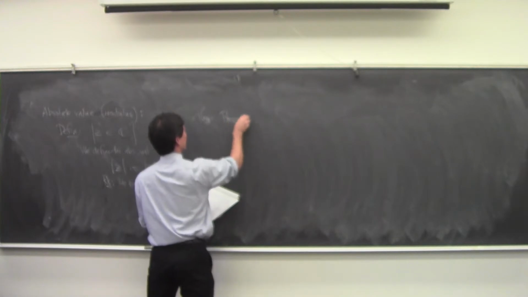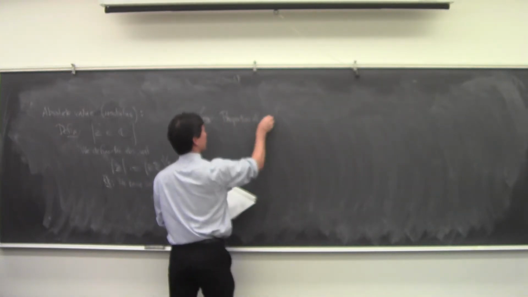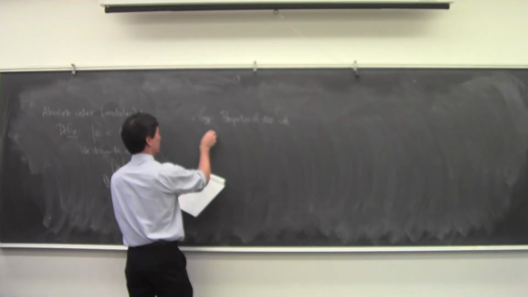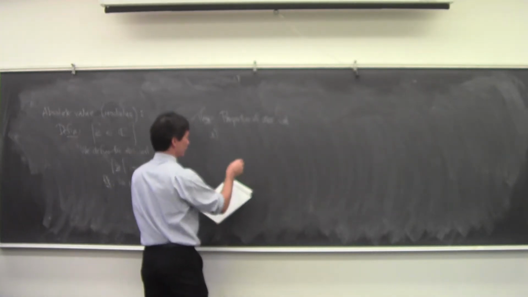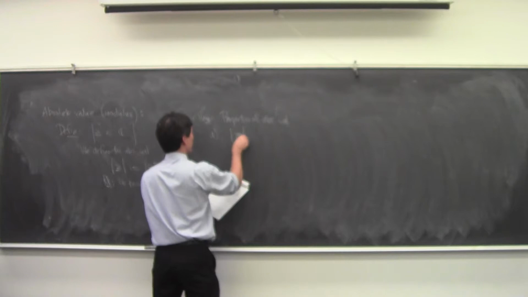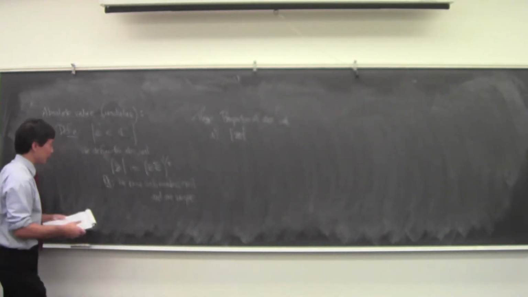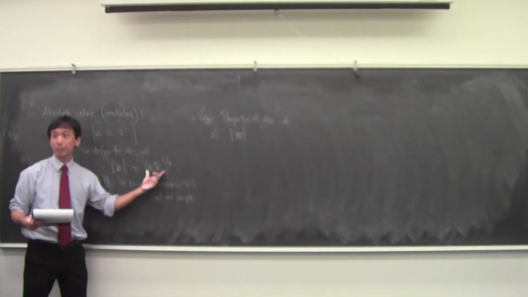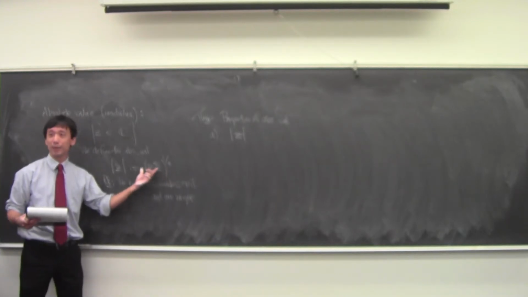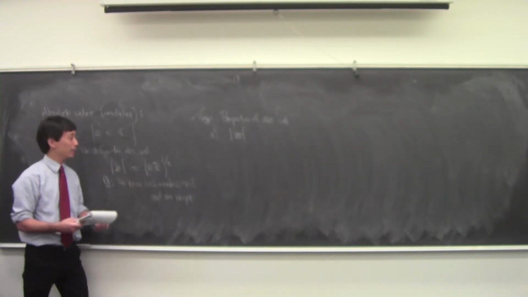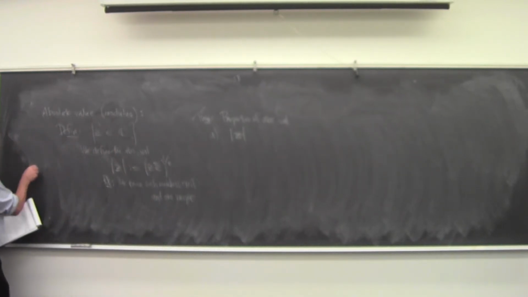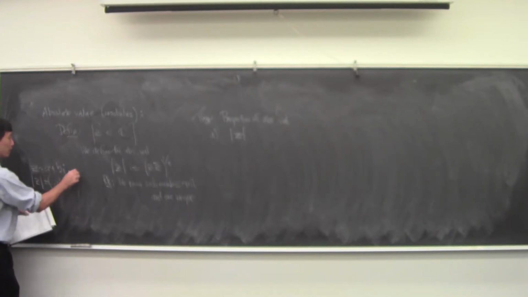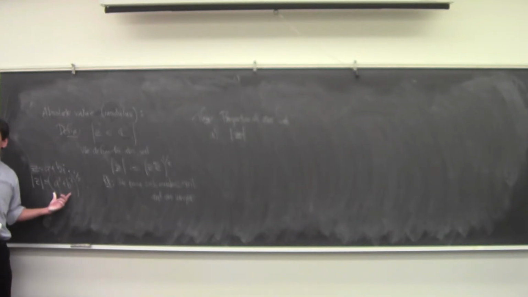Properties of the absolute value. Some are pretty straightforward. Notice that this is the same thing as the vector definition of magnitude. If z is a plus bi, this is the square root of a squared plus b squared, which is what you saw back in Calc 3, in multivariable calculus.